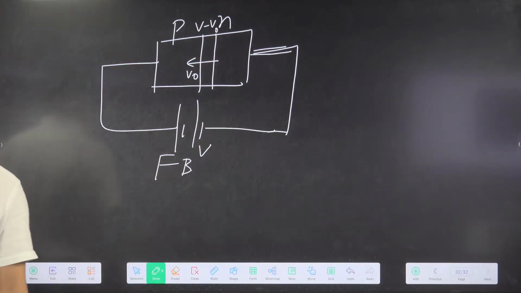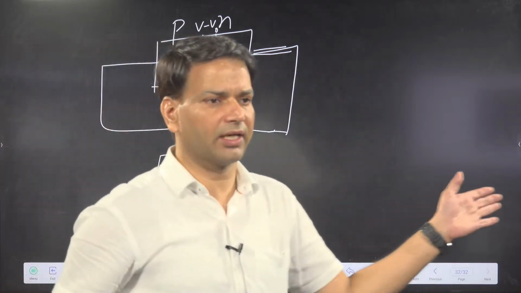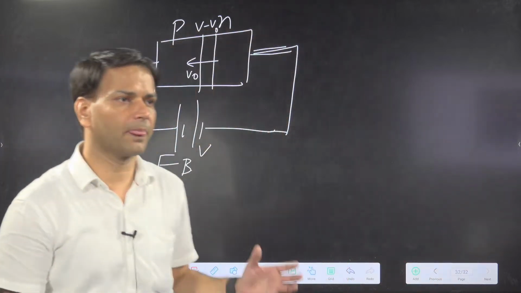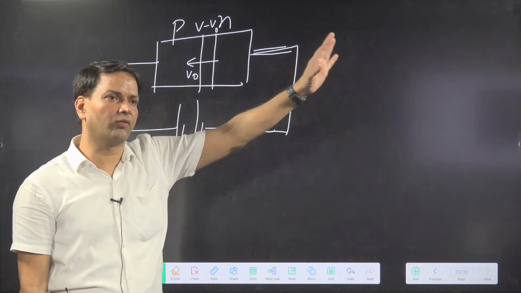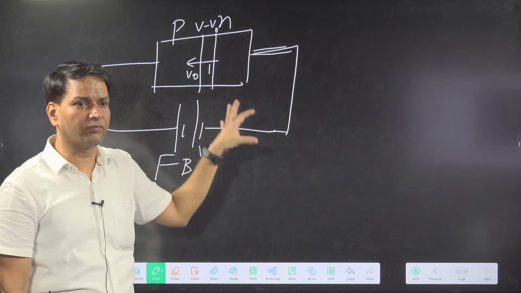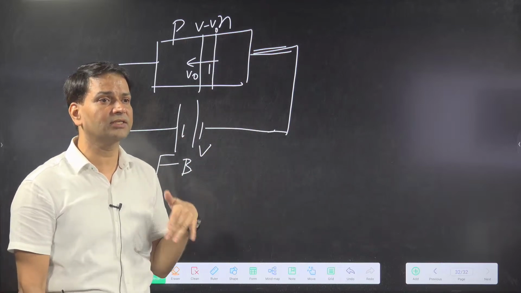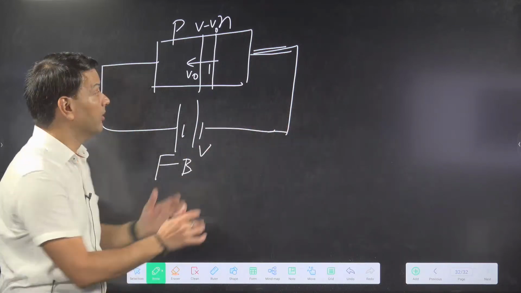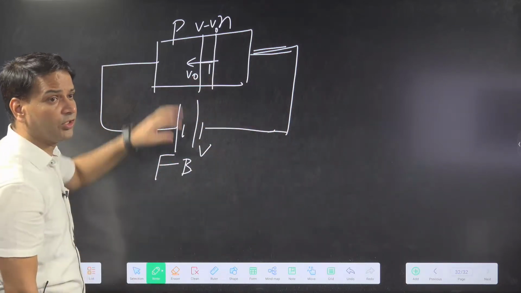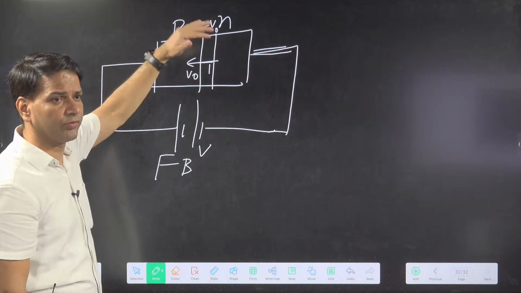In forward biasing, suppose you have connected 2-3 diodes, all identical, and you put all of them in forward. Then all will have the same potential, because in forward biasing all behave equivalently. Why? Because the reverse potential is V0, applied potential is suppose V1, so V1 minus V0.